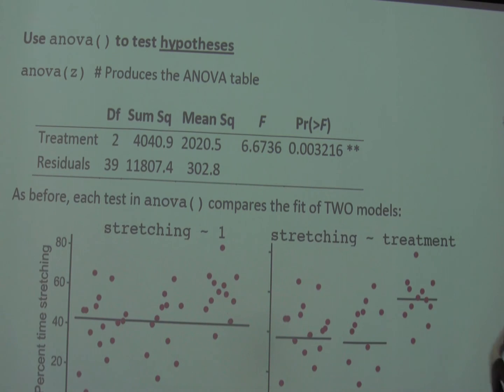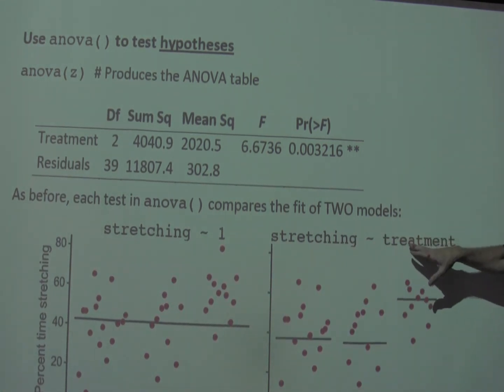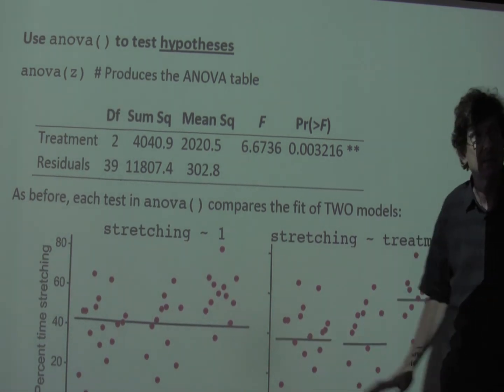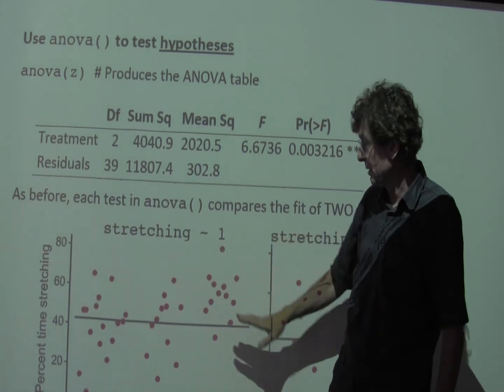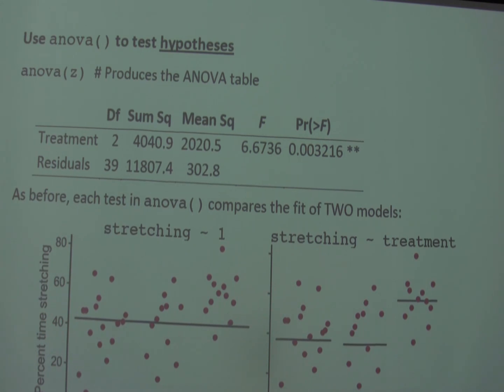Visually, this is what the models look like. The full model includes treatment, and that means a different mean for each group. The null model has only the intercept present, and that fits the same average to all of the groups. So that's the difference between the full model and the reduced model in an ANOVA.